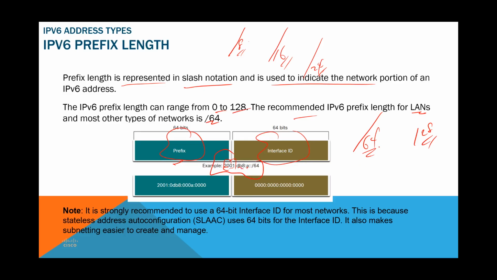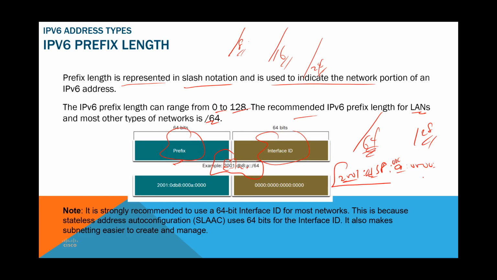So the first 64 bits of this IP address, which is going to be 2001: DB8, and you know that this should be 0DB8. Let's just expand it. A, which will be 00A, 00A. That is 1, 2, 3. Then the last one 000. Then of course 000 will continue.